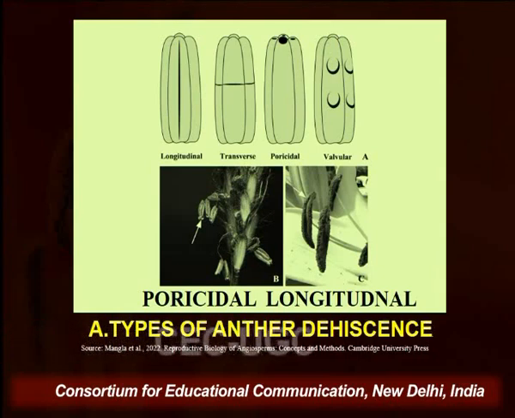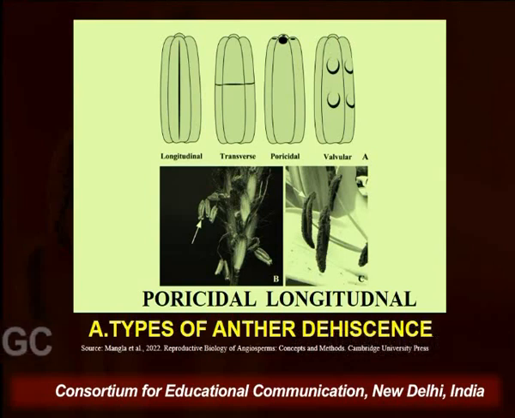In one, there is longitudinal dehiscence, that is type 1 of anther dehiscence. Here, the suture, the opening of the anther, is along the longitudinal axis of the anther. So, the anther splits open along the longitudinal lines and the pollen grains are liberated.